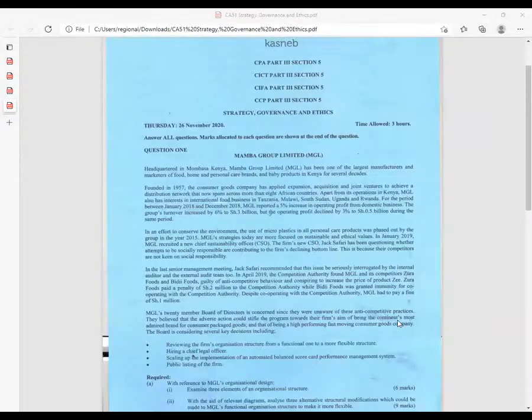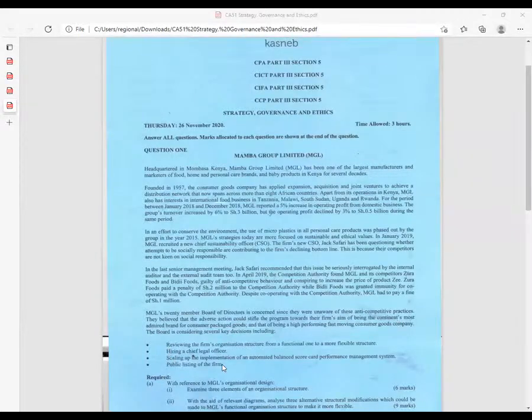The board is considering several key decisions, including, number one, reviewing the firm's organizational structure from a functional one to a more flexible structure, hiring a chief legal officer, scaling up the implementation of an automated balanced scorecard performance management system, and then public listing of the firm.